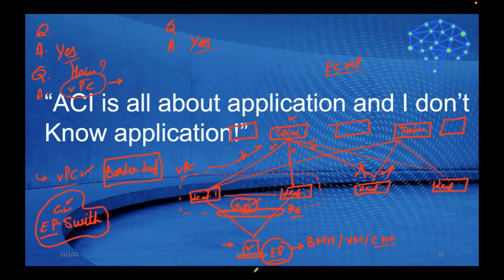Now, in your question, you asked about another terminology called border leaf. So the question is, what is this border leaf? Guys, I hope I'm not confusing you. I'm just addressing your beautiful questions. Border leaf is any one of these leaf switches connected outside the ACI fabric.